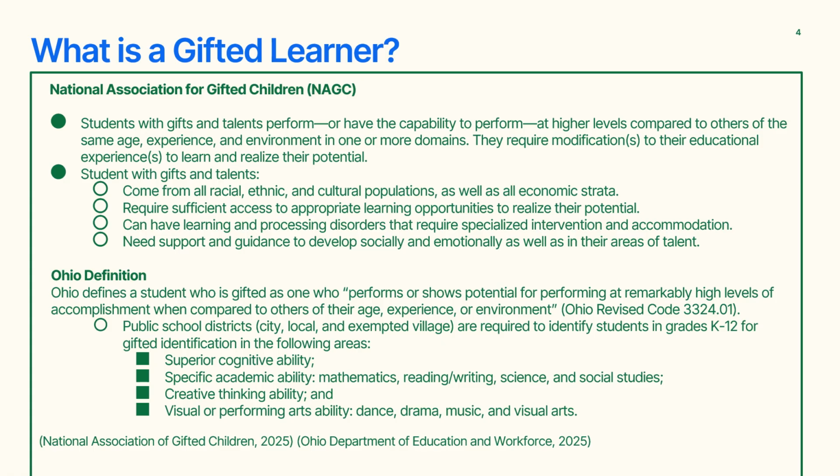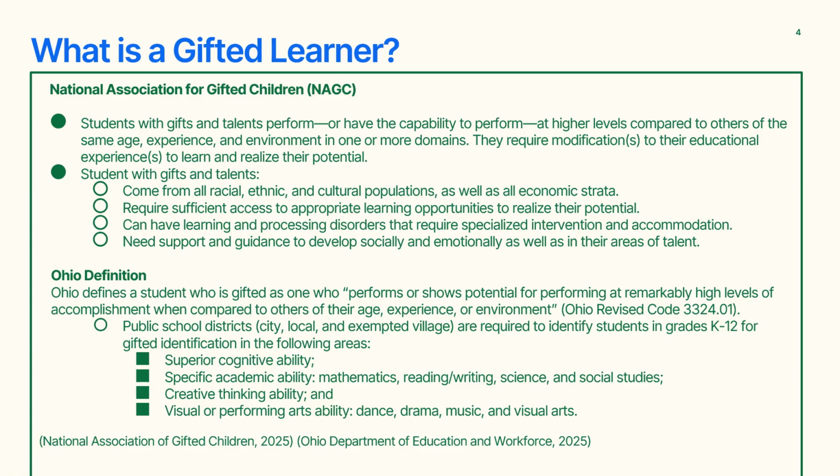In our state of Ohio, the definition for gifted learners is the following. Students who are gifted are ones who perform or show potential for performing at remarkably high levels of accomplishment when compared to others of their own age, experience, or environment.